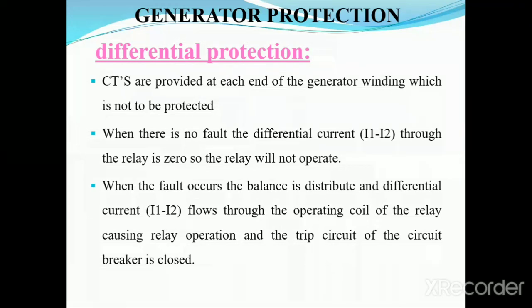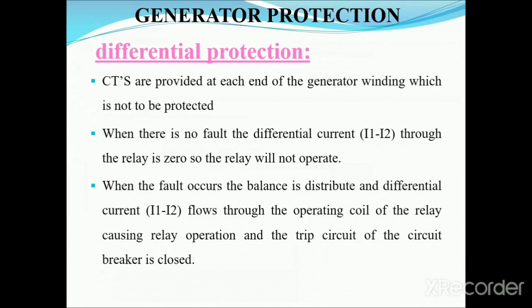That differential relay will be operated when there is a difference between the I1 current and the I2 current. In that case only the relay will be operated. Otherwise the relay does not operate without differences between these I1 minus I2 currents. If I1 minus I2 currents are obtained, in that case only the relay coil will be operated, it closes the tripping circuit, and it gives the indication to the circuit breaker.